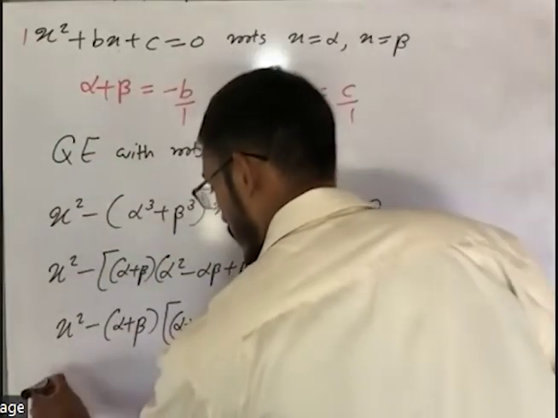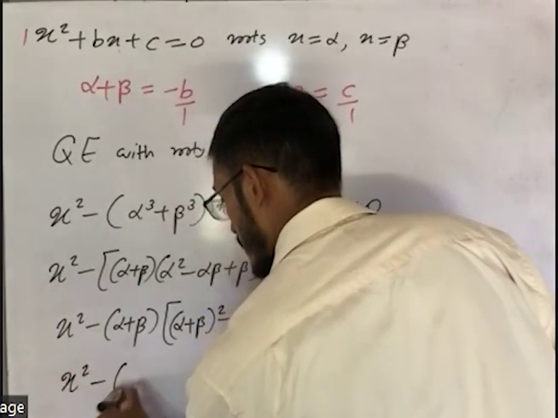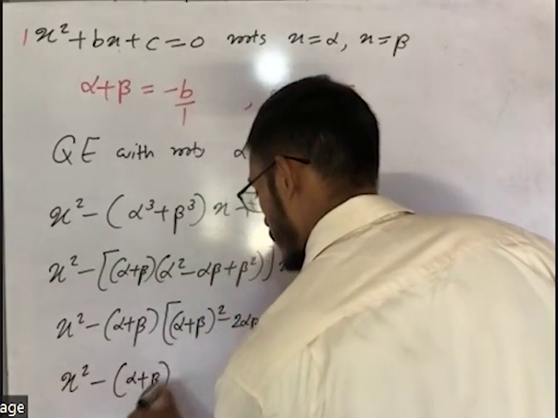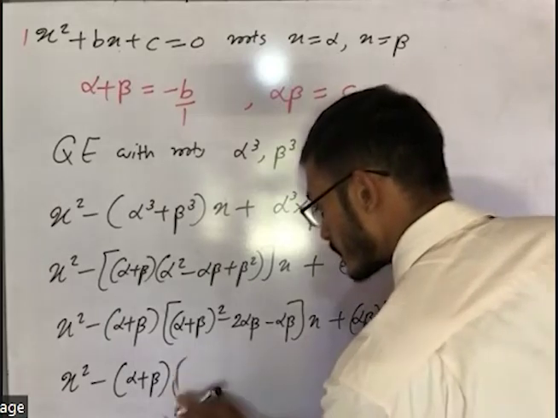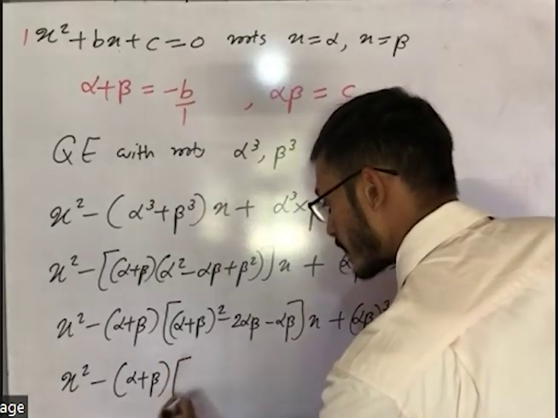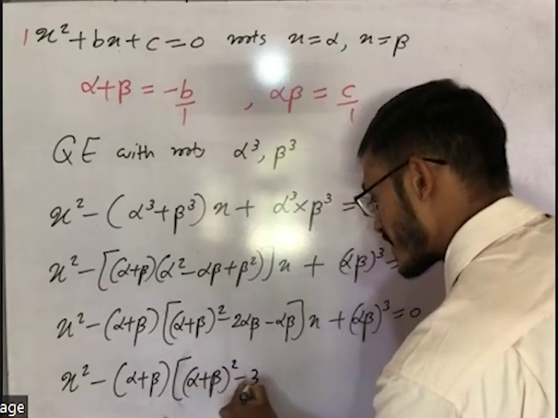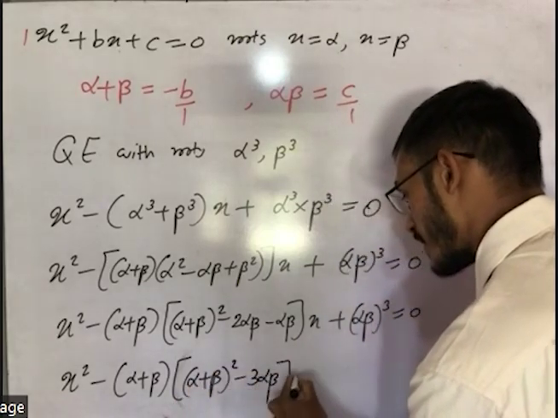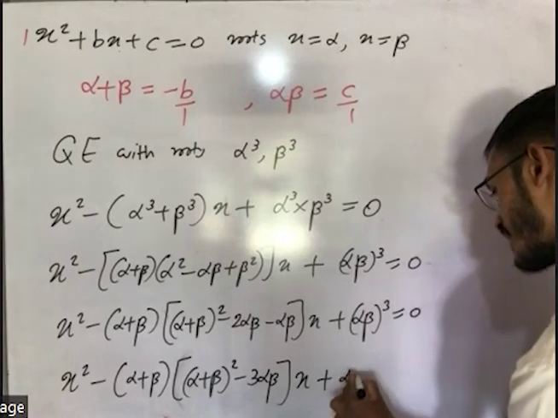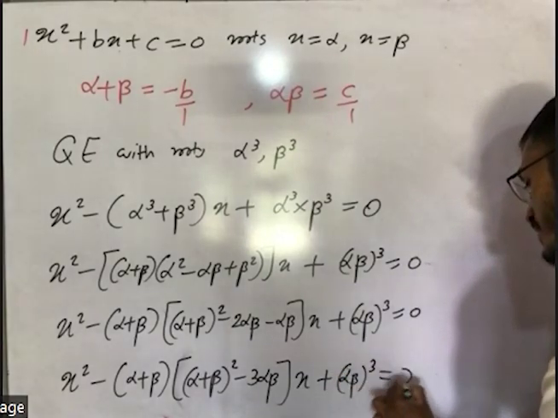Now we can simplify this. Now we can write down x square minus alpha plus beta into alpha plus beta square minus 3 alpha beta x plus alpha beta to the power 3 equal to 0.